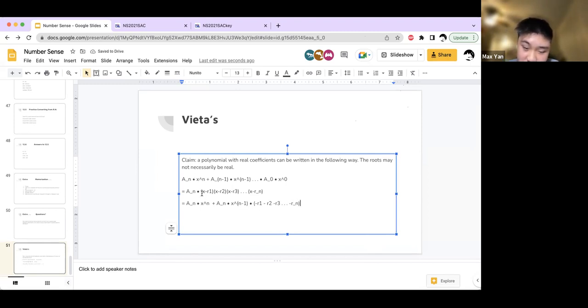And this comes from just expanding it, because you're picking n minus 1 x's. So say you multiply all of the x's from these, that would be x to the n minus 1. And then you multiply by negative r sub a. And you do that for all of them. And that's what you get for the second term.